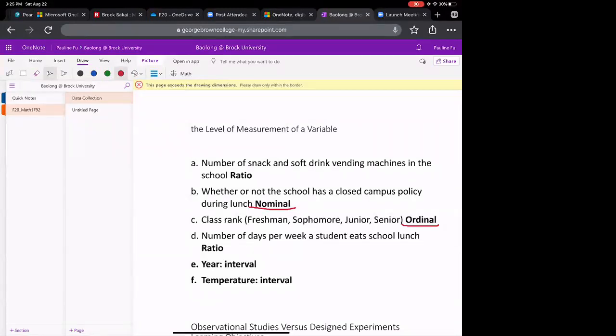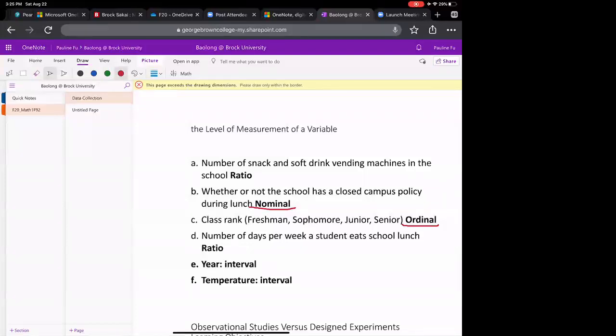For example, at the end of the term, you will be assigned a letter grade A, B, C, D, and F. That letter grade is ordinal data. Another example would be, which year are you in the university? Are you freshman, sophomore, junior, or senior? Those are ordinal data.